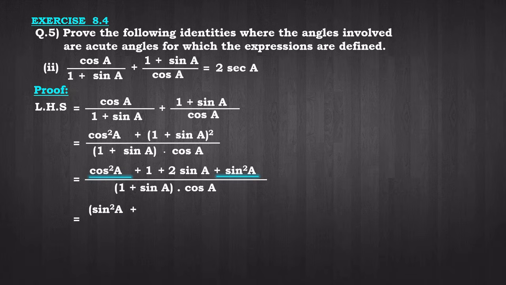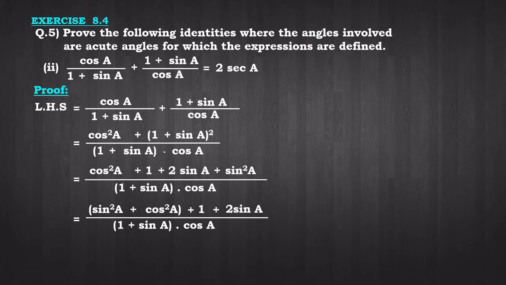We get sine squared A plus cosine squared A plus 1 plus 2 sine A. Using the identity, sine squared A plus cosine squared A is equal to 1. The numerator becomes 2 plus 2 sine A. So, the expression becomes (2 plus 2 sine A) divided by (1 plus sine A) multiplied by cosine A.